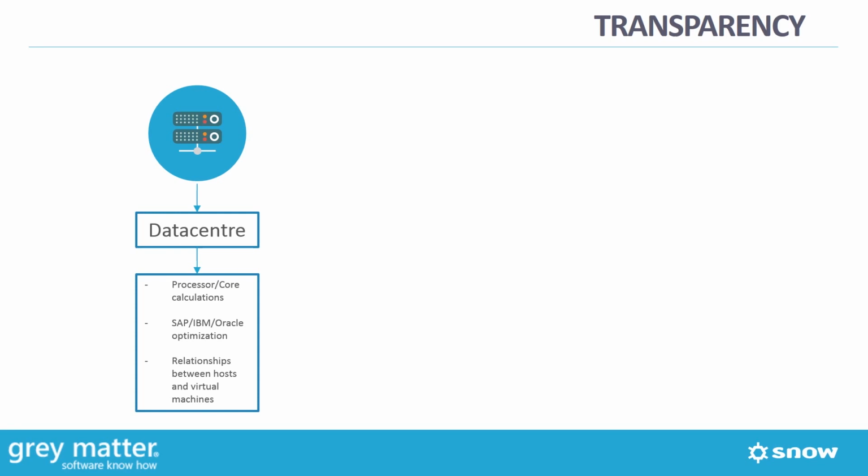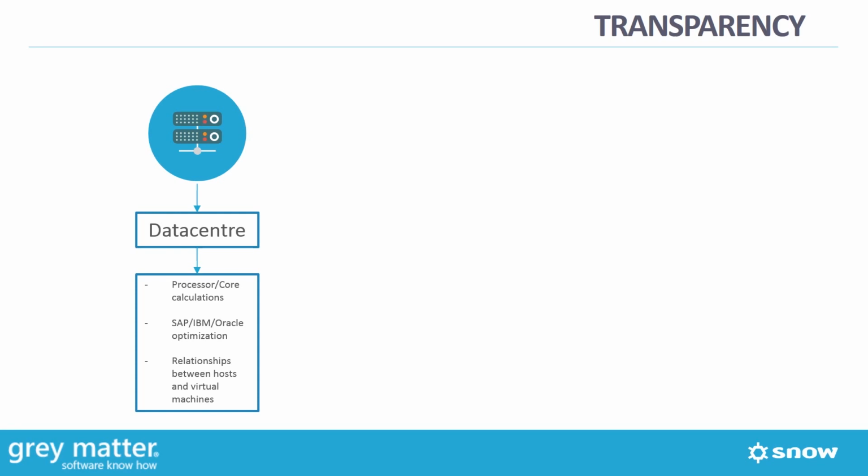It also helps you with your SAP or IBM and your Oracle estates. Now, these vendors are notorious for being extremely complicated and really hard to manage. But by having modules like our Snow Optimizer for SAP or our IBM module or our Oracle management option, you can clearly see all of that key data that helps you optimize your licenses, make sure users have the right license types, and really maximize your investment in those key vendors.